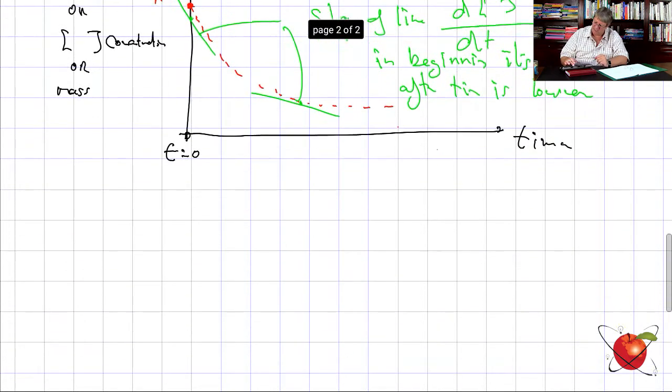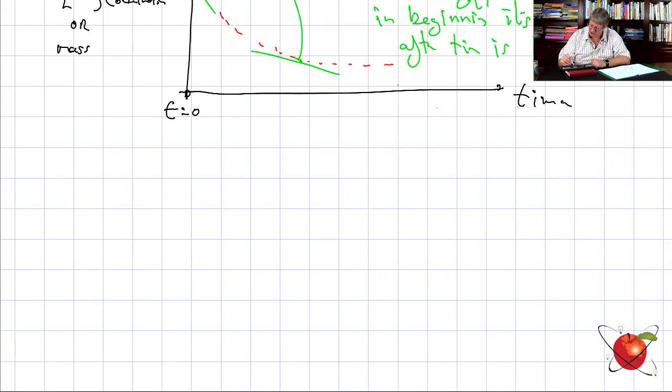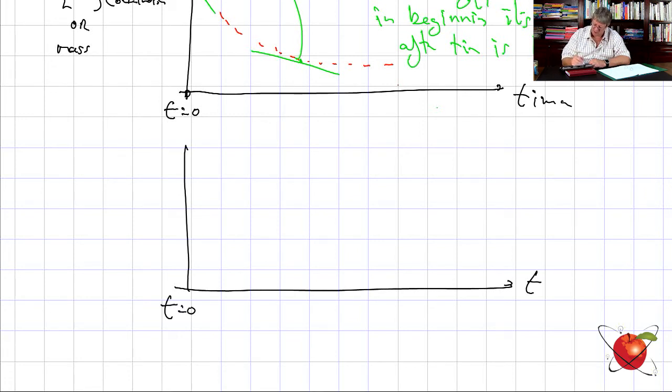Now let's have a look. That's the reactant. Let's look at product. Take the same graph over the same time, t equals 0. This is going to be moles, concentration, mass, whatever we're measuring. How much product have we got in the beginning?